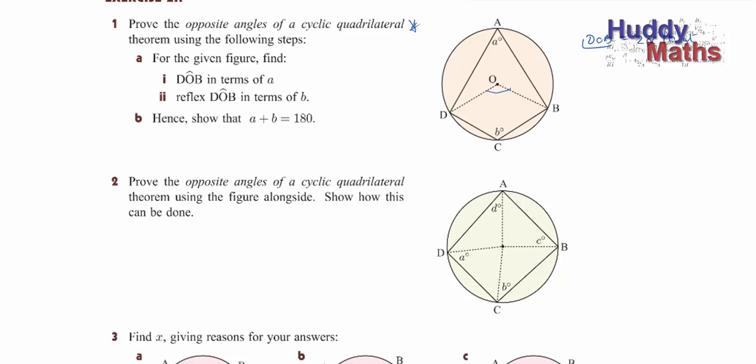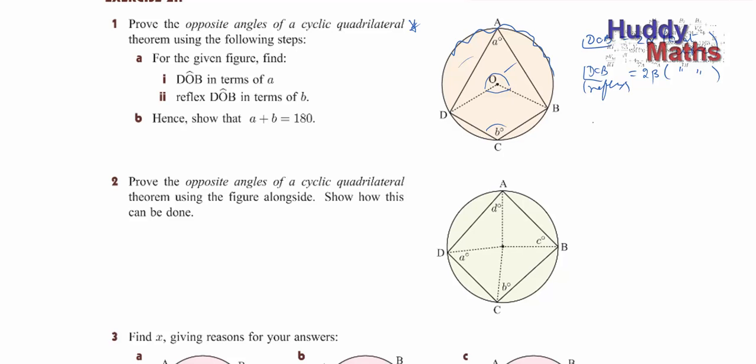Angle at the centre theorem, because that's a circle. And then reflex angle DOB equals, again, twice this one, subtended by the major arc here, which is 2 beta. So that's still the same angle at the centre theorem.